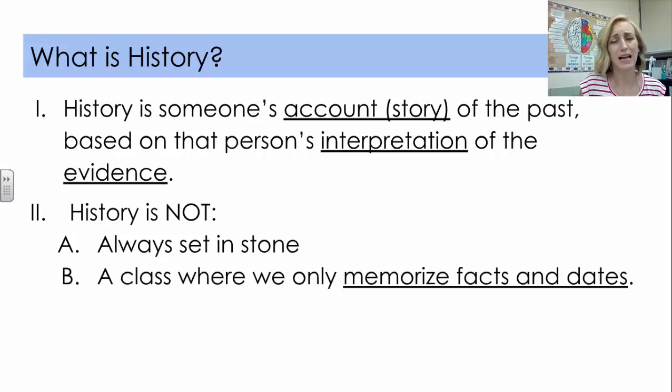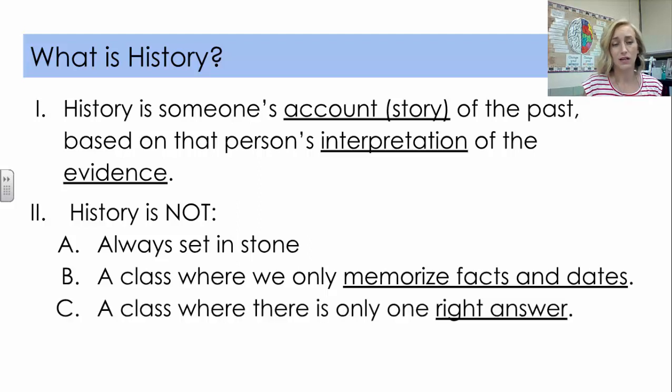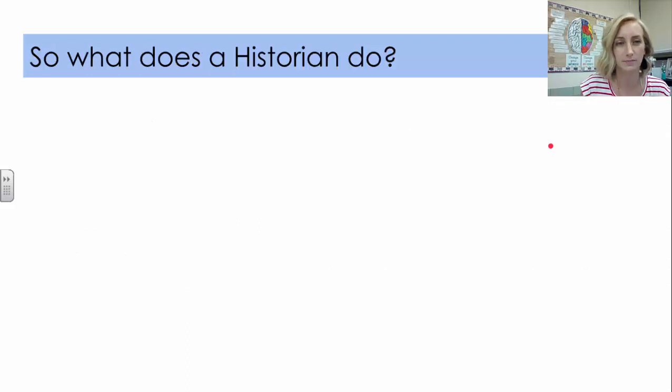And it's not just a class where we only memorize facts and dates, and it's not a class where there's only one right answer. A lot of people have that misconception of history in that there's absolutely one answer, which in tests and things like that, of course there is, but when it comes to the skills of history and looking at evidence, there's no one right answer.